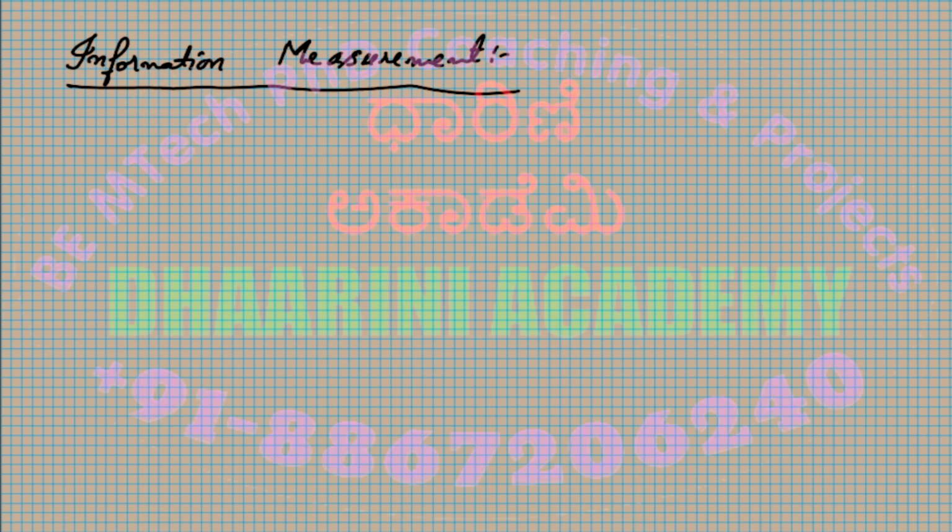If we have a message, how do you measure the message is the first point, and then we will see how we identify the message. So first, information measurement is our topic. Let us consider that there is a communication system that transmits various messages.